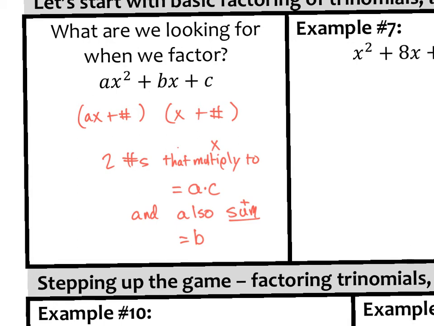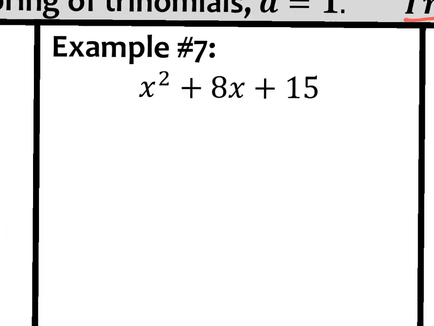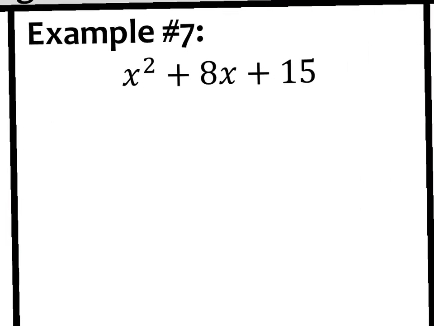All right, so let's look at what I mean by that. Okay, number one, you'll notice we don't have a lead coefficient, but my A is 1. Okay, we have 1x squared. This first step you're going to learn is not necessary when we have an A equals 1. When you multiply A of 1 times 15, you end up with 15, which is our C. Okay?